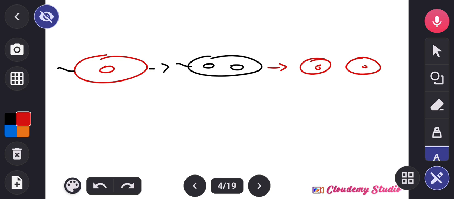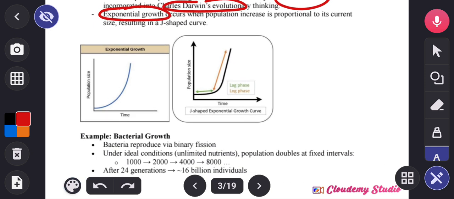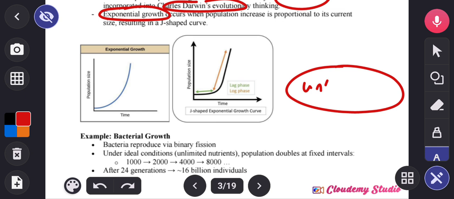So what they are trying to say is that if bacteria are placed in a petri dish, cultured in an environment, and supplied with unlimited nutrients, they continue to grow. You understand?